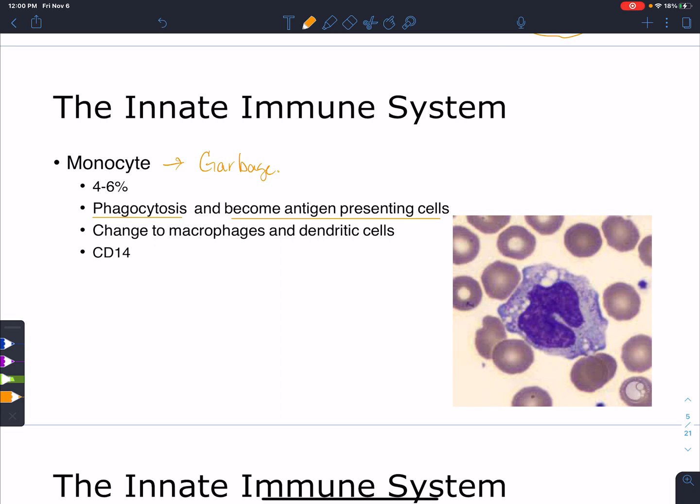A lot of times you might see the abbreviation APC, and that's what that means. These guys change, and they go into the tissues and become those macrophages and dendritic cells. And they have the CD14 marker on them. And over here, what I'm going to point out, a lot of times you're going to see in these monocytes are vacuoles.